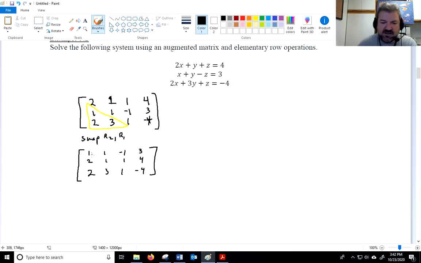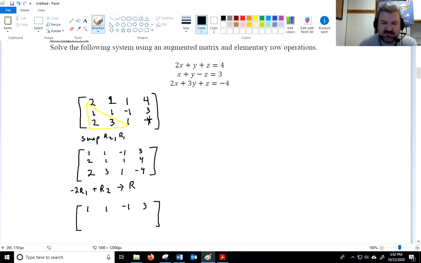All right, so now that I've got that, I'm going to multiply row 1 times a negative 2. I'm going to add it to row 2, and I'm going to store it in row 2. So let's do that. I'm not going to change row 1 at all. So let's leave row 1 alone. 1, 1, negative 1, and 3.